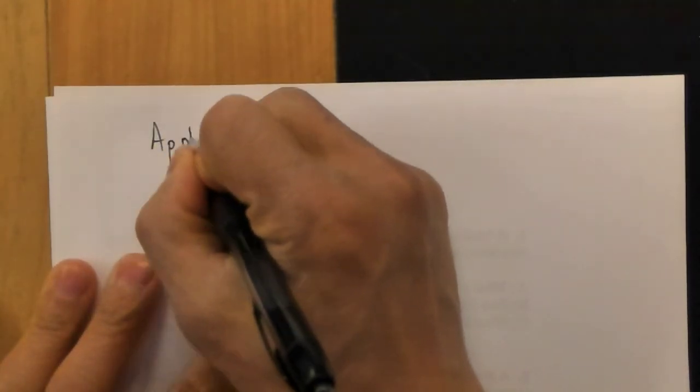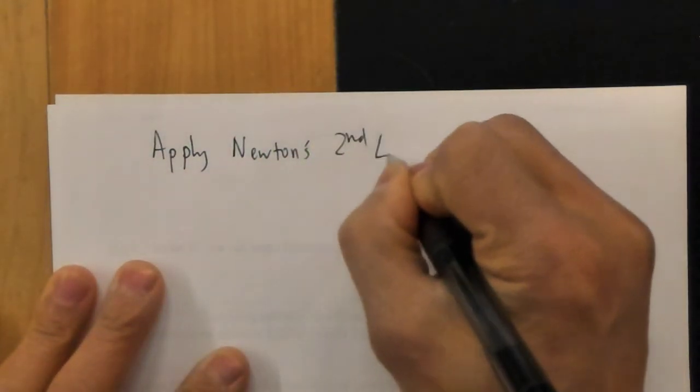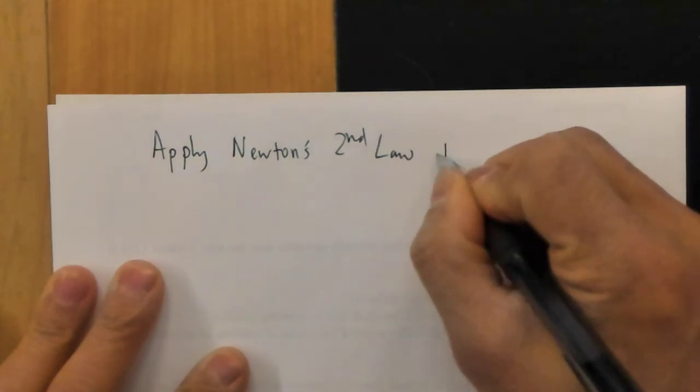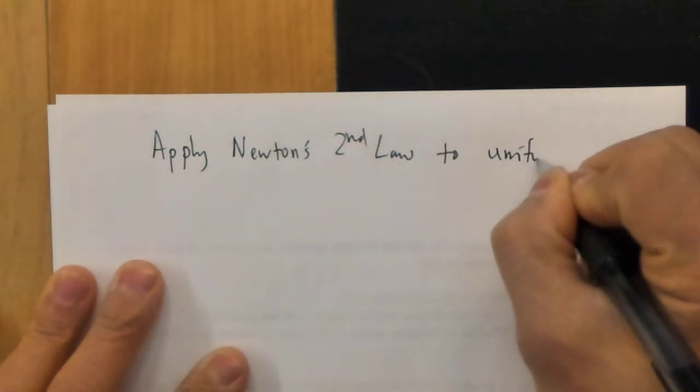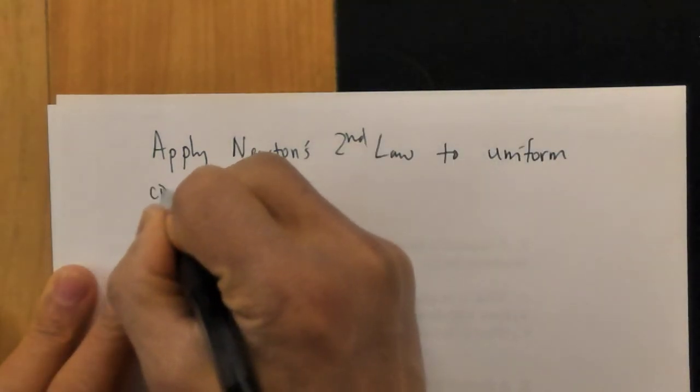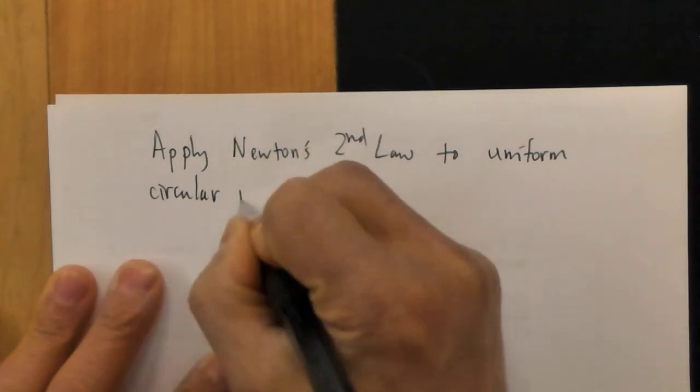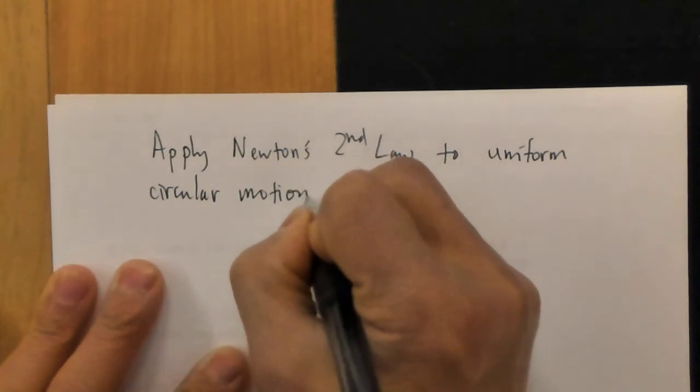Let's go on. Now we're going to talk about some new stuff. We're going to combine uniform circular motion with Newton's second law. We're going to apply Newton's second law to uniform circular motion.